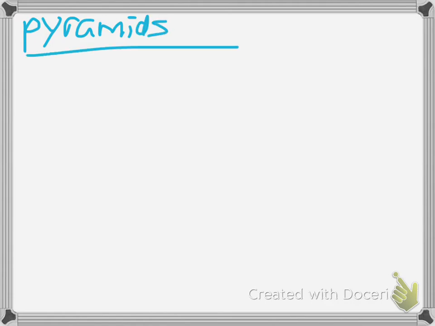Alright, so in order to find the surface area of a pyramid, let's start with pyramids. Surface area. You need to know that in our textbook, and so on your homework, you're only going to be working with regular pyramids.